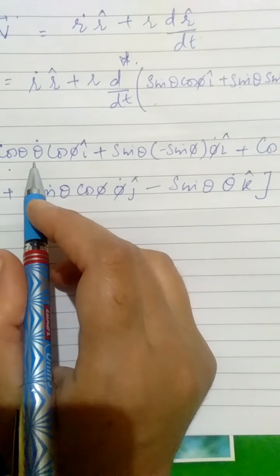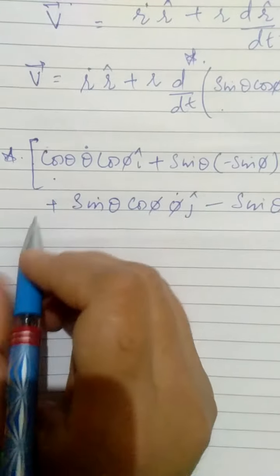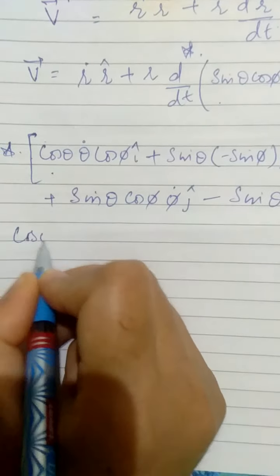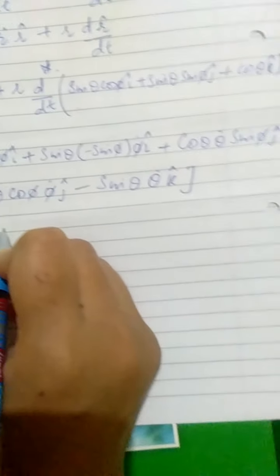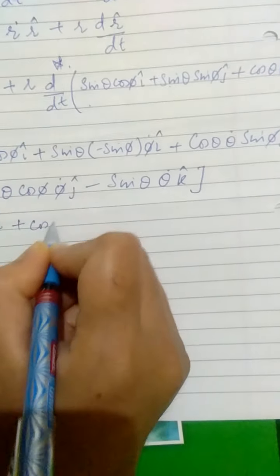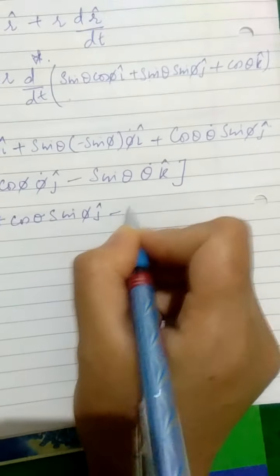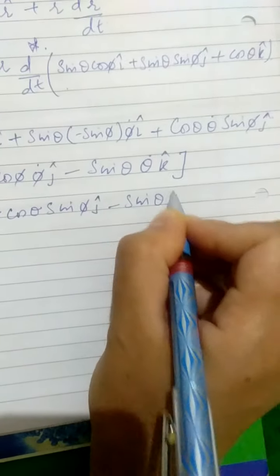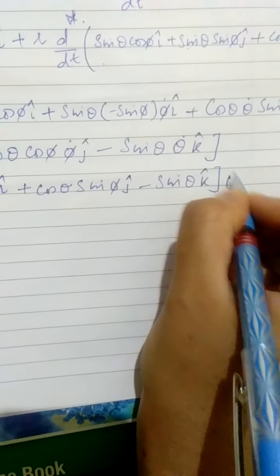Now we'll try to isolate those factors which have theta dot in common and phi dot in common. So those which have theta dot in common are cos theta cos phi i, plus cos theta sine phi j, minus sine theta k. So all of these have theta dot in common.